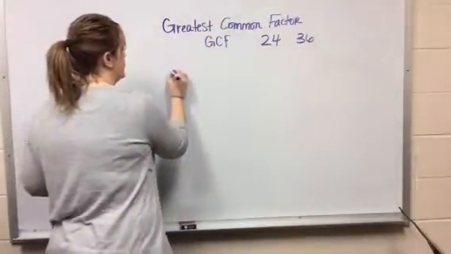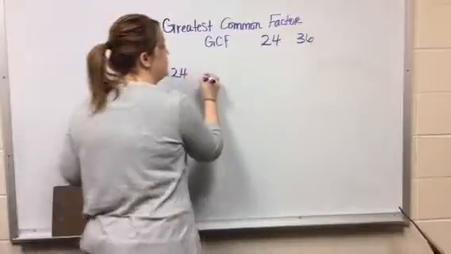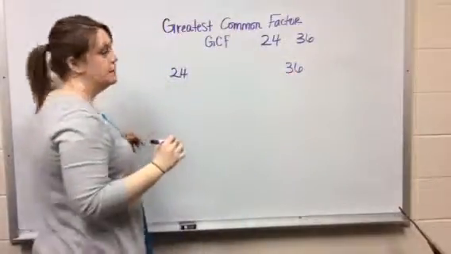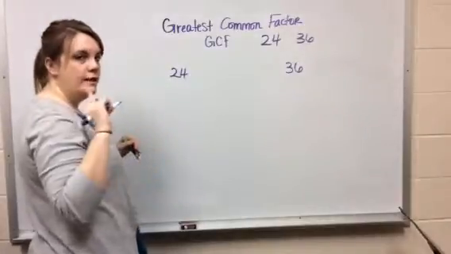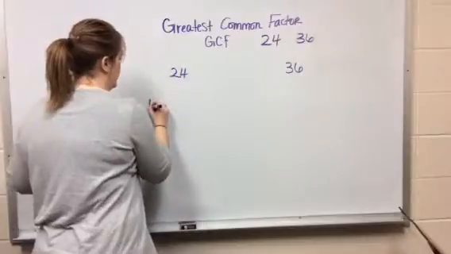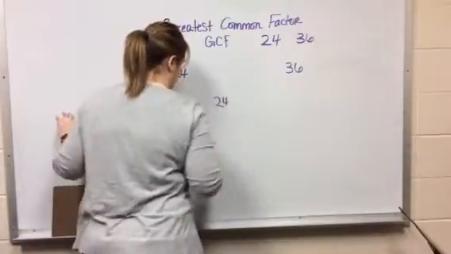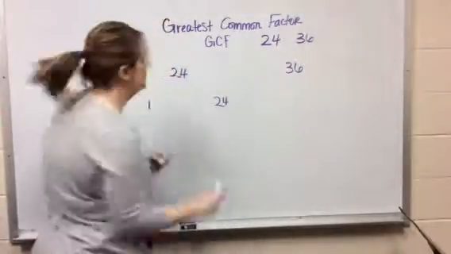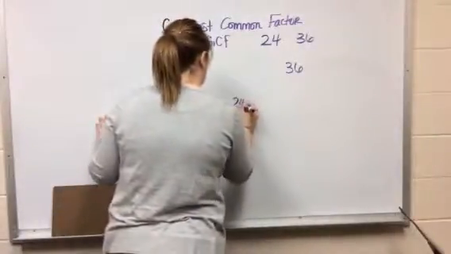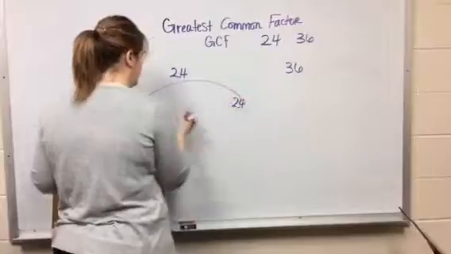So last year we did factor rainbows, and that's what I'm going to do here. I'm going to find my factor rainbow for 24, and a factor rainbow for 36. When I think of what numbers I can multiply together to get 24, I have 1 and 24.